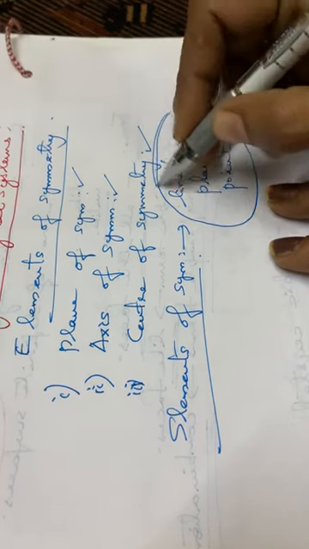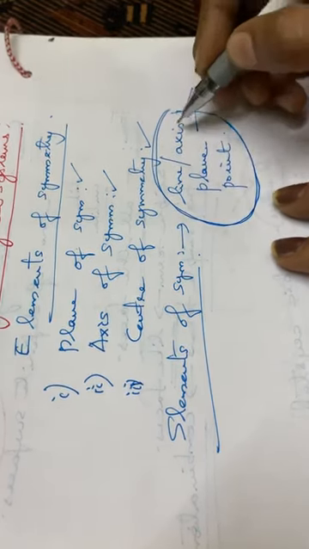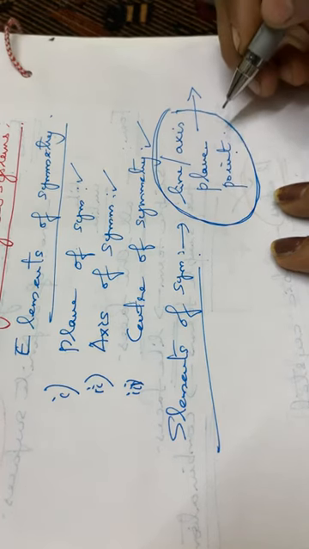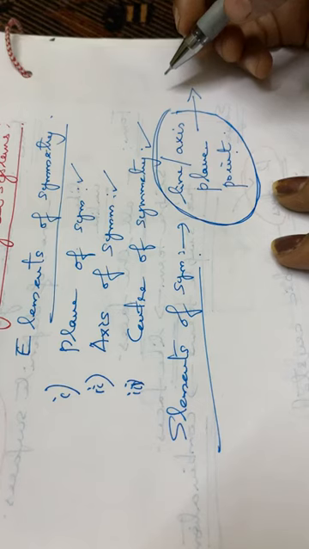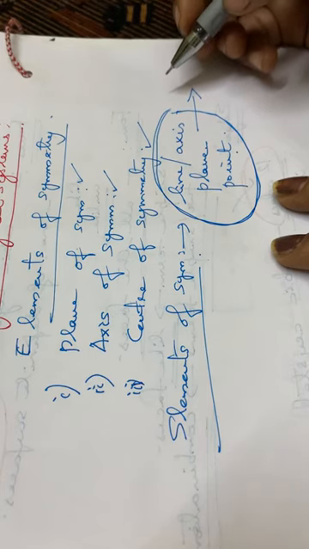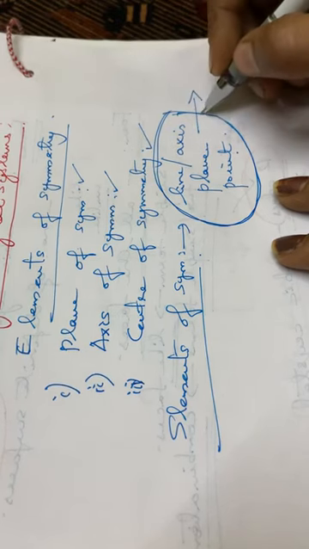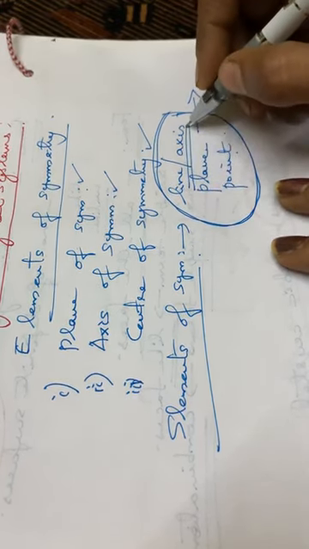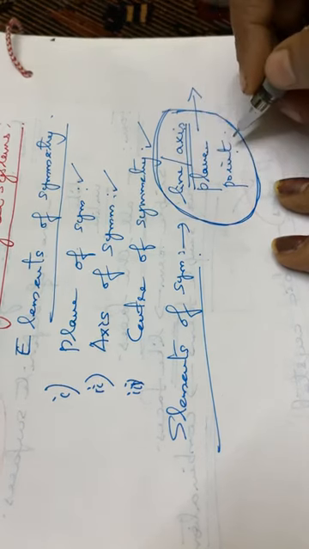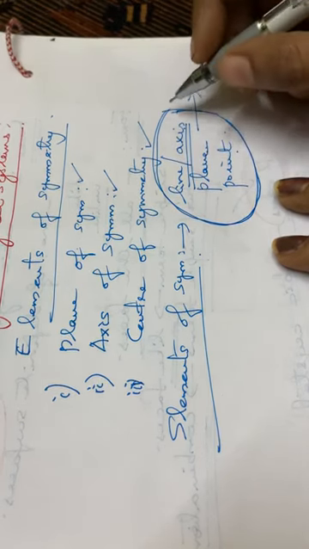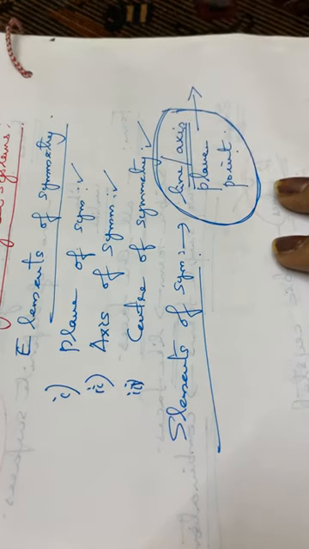You must have studied symmetry operations in group theory, isn't it? Many symmetry operations are there, such as rotation or inversion of configuration. We do all these symmetry operations with respect to a line or axis, a plane, or a particular point. So these 3 are called the elements of symmetry.